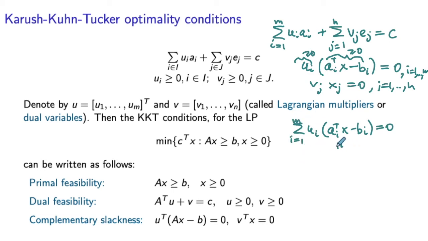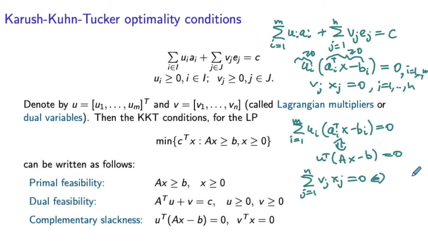Or in the matrix form, this is equivalent to saying that u transposed multiplied by (Ax minus b) is equal to 0. And looking at this equation here, vj's times xj's will be 0 for all j's if and only if the summation of vj's xj's will be equal to 0 for all j between 1 and n.